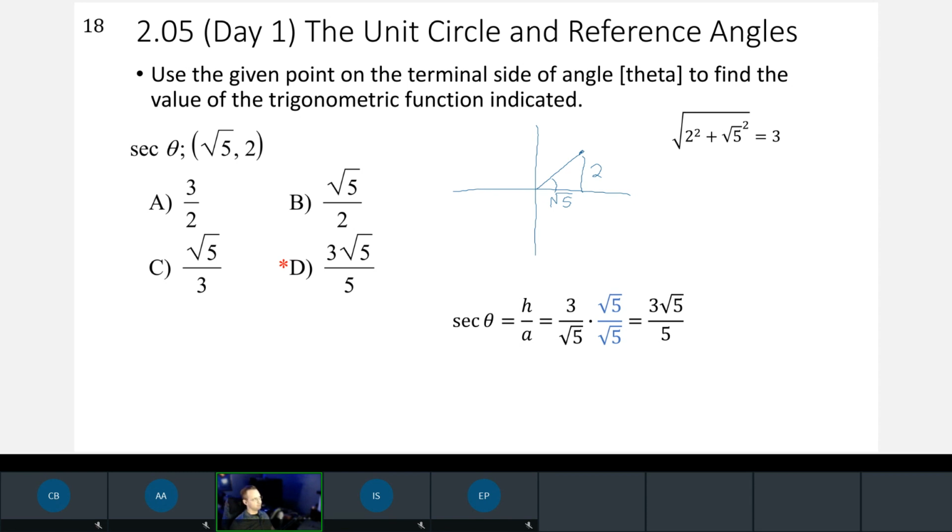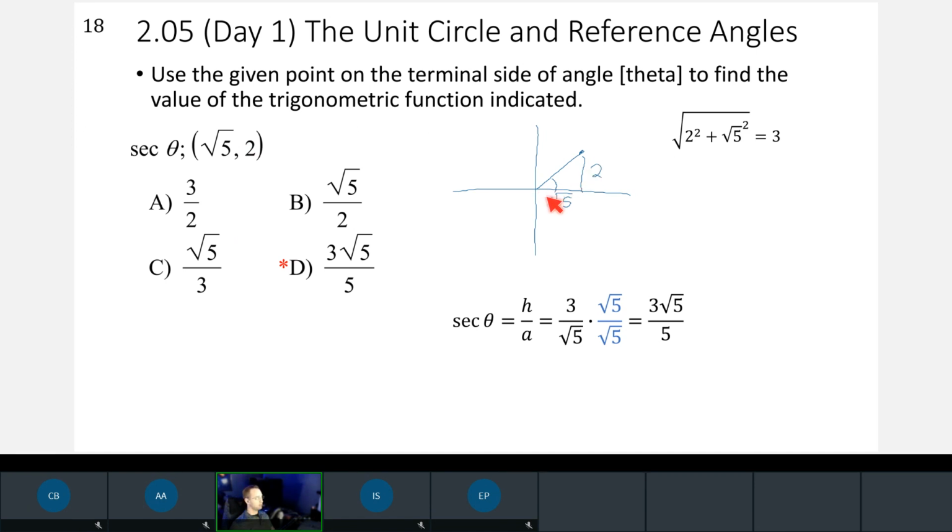What matters is x is positive and y is positive, so you know right away we're in quadrant 1. Everyone should be able to look at these coordinates and determine if you're in quadrant 1, 2, 3, or 4. Because they're both positive, I just drew a line in this quadrant.